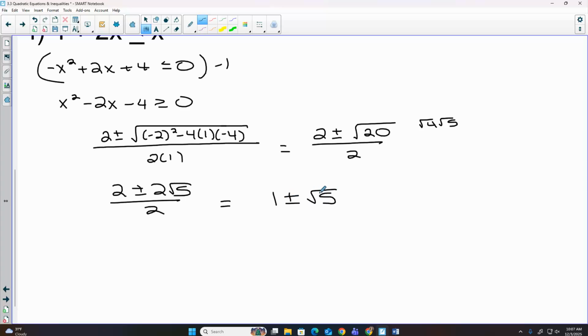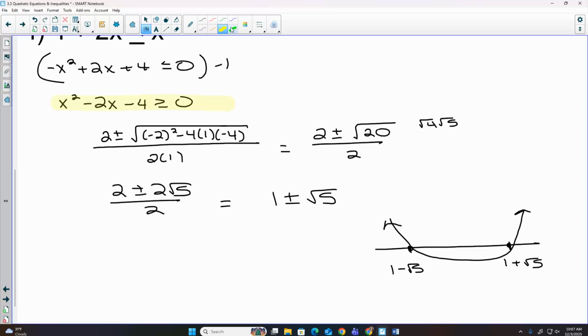Okay, is that pretty? No. Is it a real number though? Yeah. If you think about your graph, it's hitting at 1 minus the square root of 5 and 1 plus the square root of 5. So you don't have to have nice numbers. We multiplied so it was opening up. Once I did that, did I want the positives or the negatives? Positives.